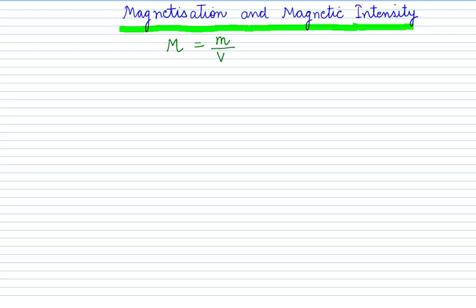So the magnetic moment per unit volume. And which magnetic moment do we have to take? If you are dealing with a system, then you have to take the net magnetic moment. So if we take the net magnetic moment and divide it by the volume, then we will have the magnetization. So the definition of magnetization is the net magnetic moment per unit volume.